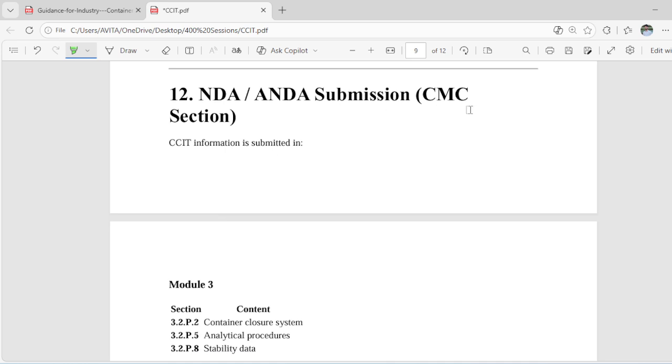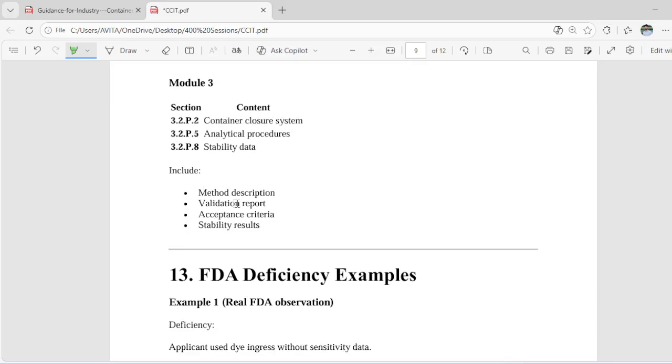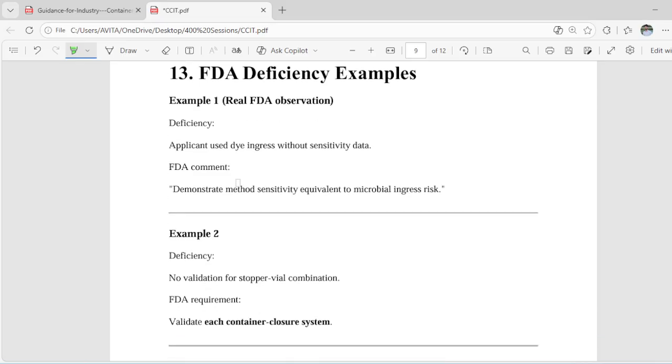For NDA, ANDA submission, CMC sections, we have to submit this into 3.2.P.2, P.5, P.8 stability data, including the description, validation report, acceptance criteria, and stability results. Then FDA deficiency examples. They have given some examples, like the applicant used dye ingress without sensitivity data.